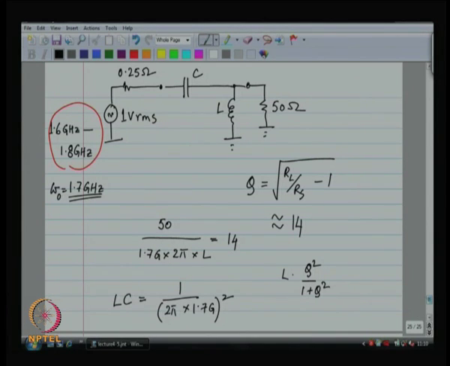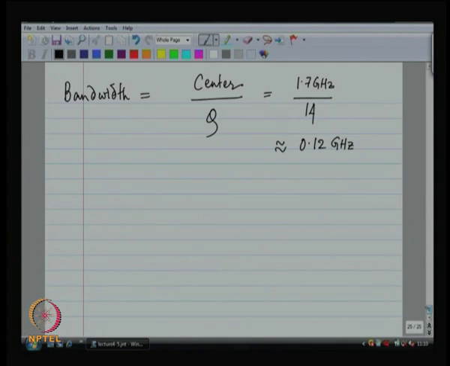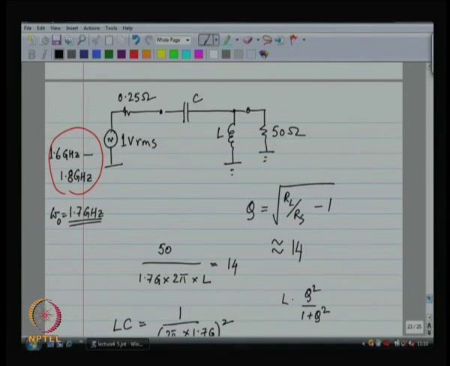The bandwidth that I am getting is 0.12 gigahertz, which is significantly lesser. So, this is my problem, right. So, once you start saying that no, I want to have control over the bandwidth over which I should be able to broadcast power, right, then you can't do with this L match.